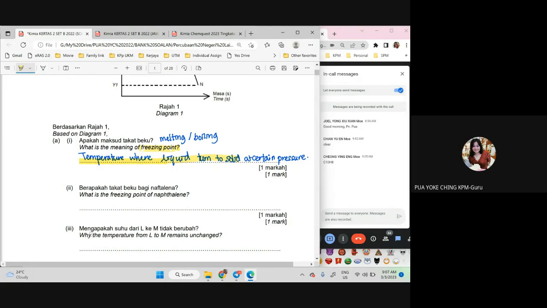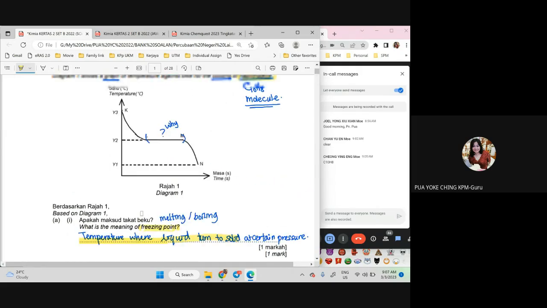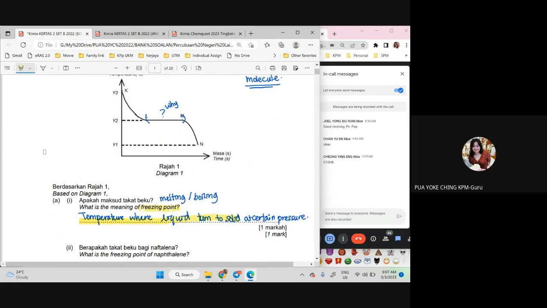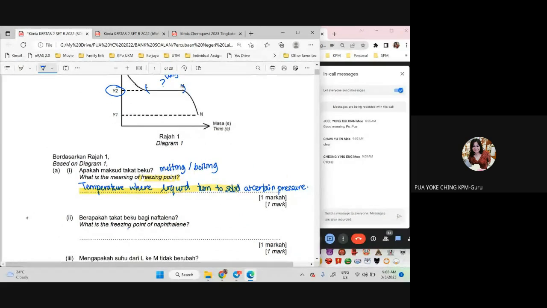So A2, what is the freezing point of naphthalene? Based on the question, your freezing point will be the constant temperature, which is here. Your answer should be Y2 degree Celsius.